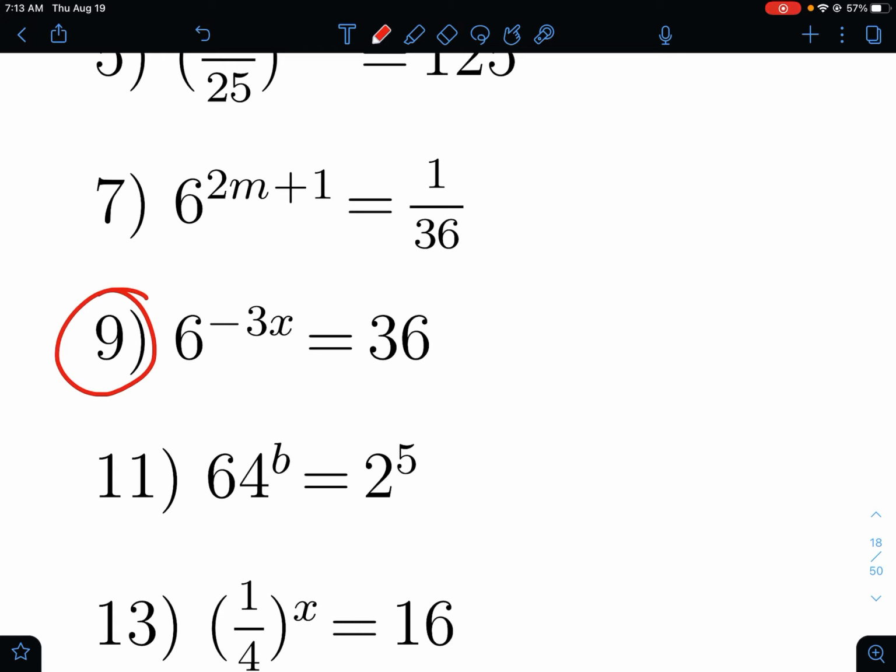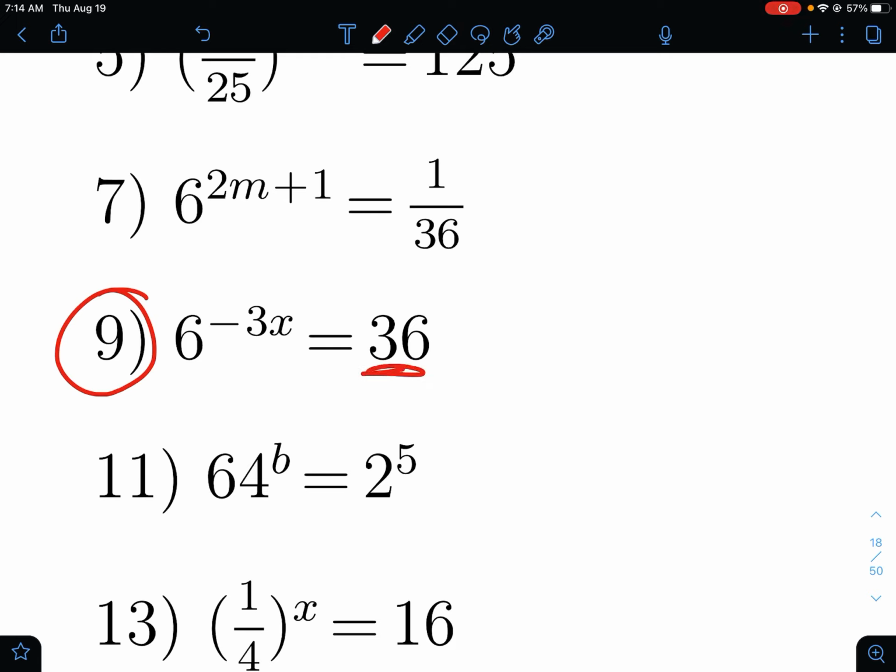So for number 9 here, I'm looking and I'm like, well, I've got a base 6 with this exponent. Am I able to get this into a base 6? Oh yes, I can. So I can get it in a base 6. What I mean by that is, can I do 6 to the power of something gives me 36?